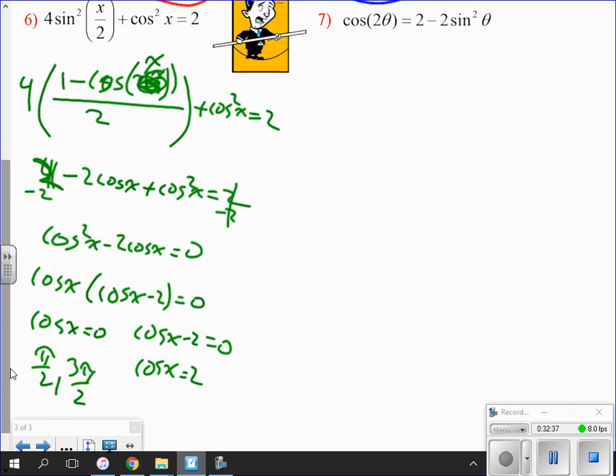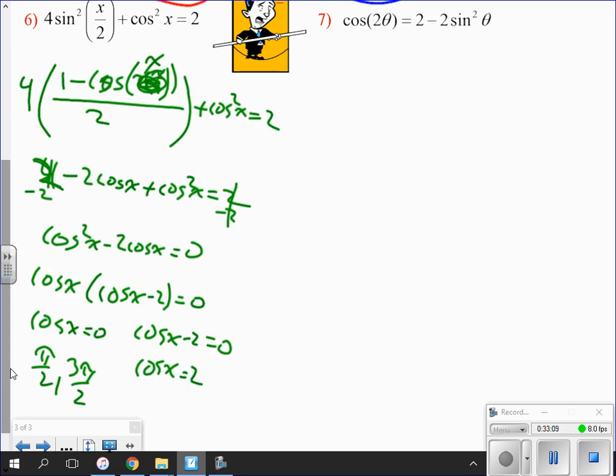No, it doesn't happen. It's not in the domain. What is the maximum value of cosine? 1. What's the minimum value of cosine? Negative 1. It always goes up and down between 1 and negative 1. If you have the cosine or sine equal to something larger than 1 or smaller than negative 1, it can't happen. If you try to take the inverse cosine of, let's say, 4, your calculator says error, which is basically saying you can't do it for a number larger than 1.